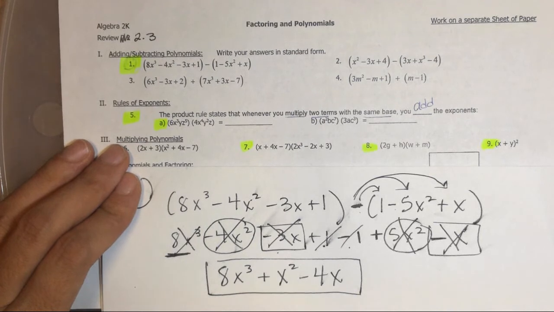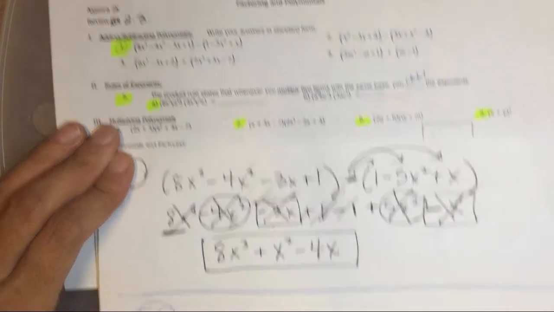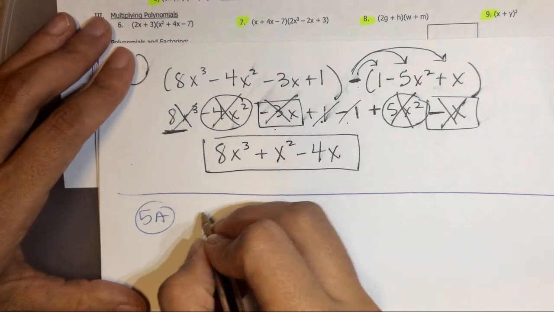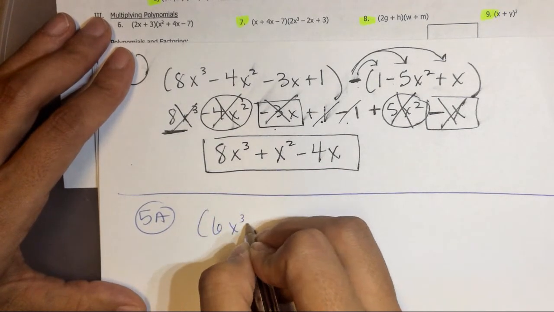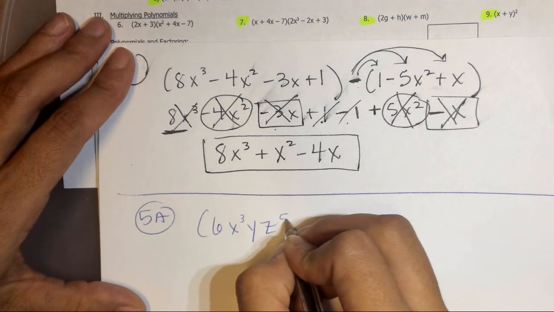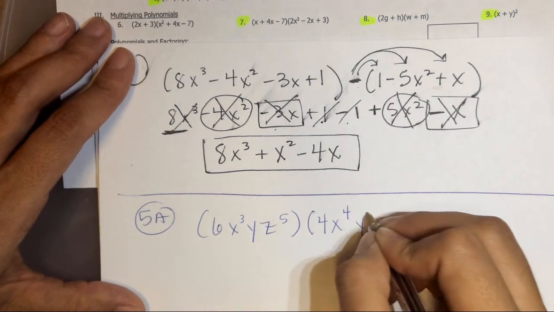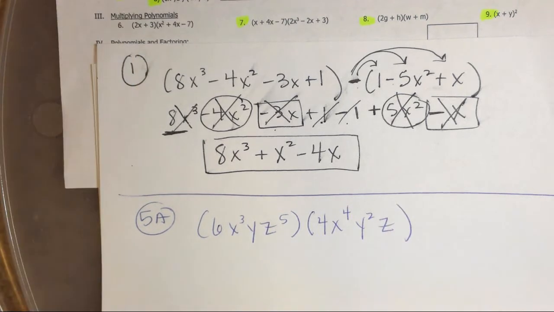So let's look at 5a. 5a says you have 6x cubed yz to the 5th times 4x to the 4th y squared z. Alright, so our rule is anytime that you multiply 2 terms with the same base, you add the exponent.